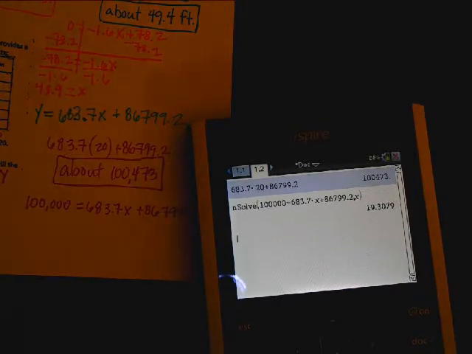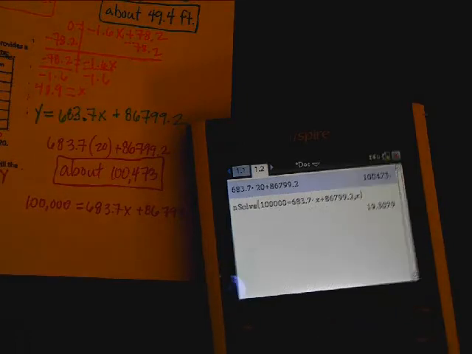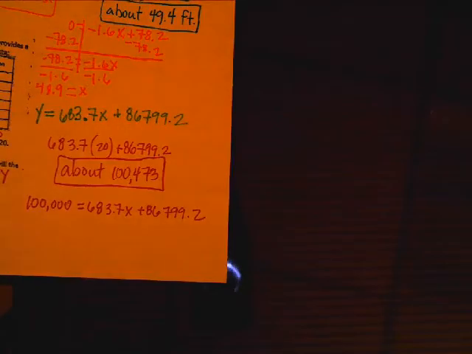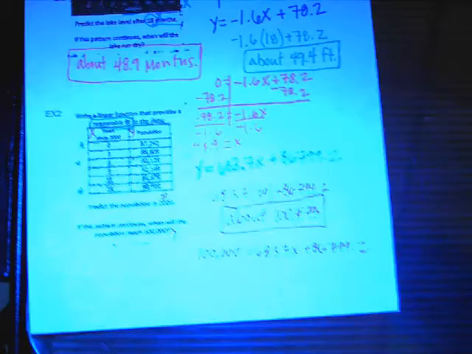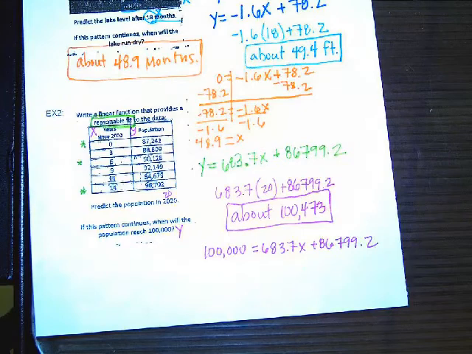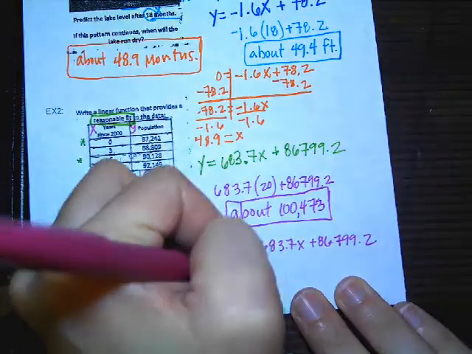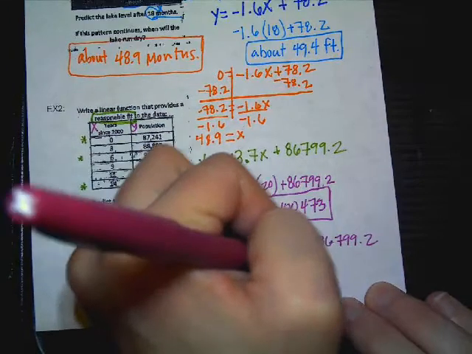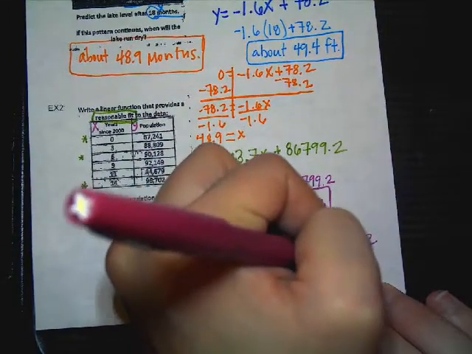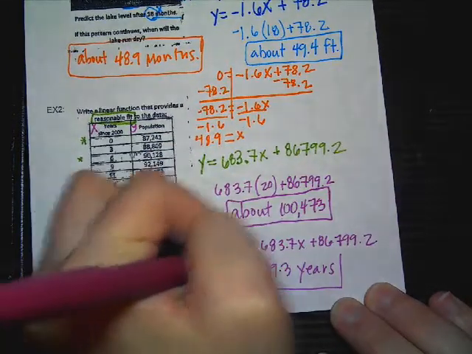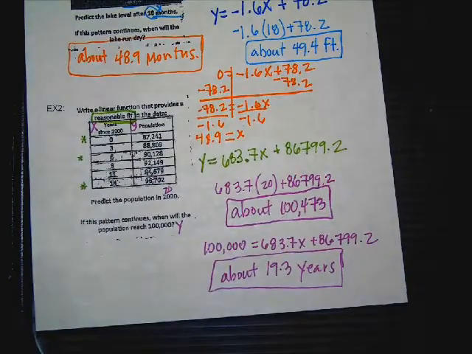Okay, and what does that mean? A little over 19 years. So it was 19.3. So about 19.3 years until your population will reach 100,000 people.